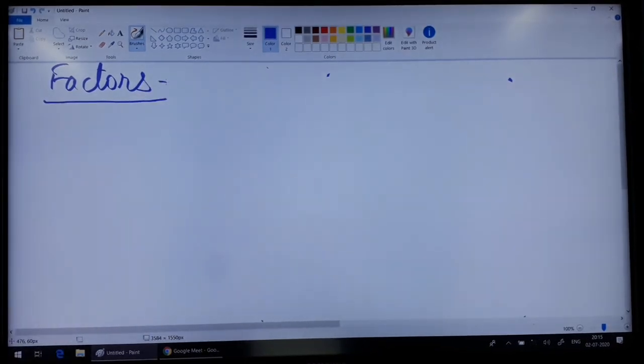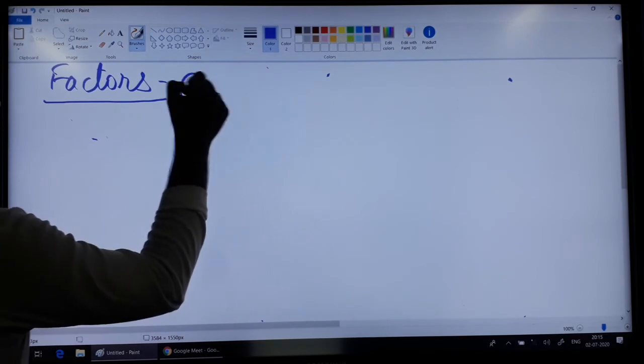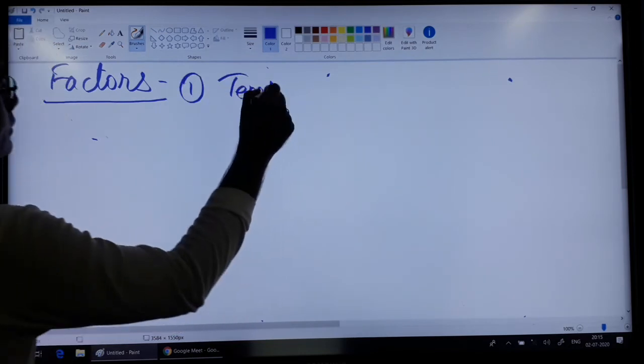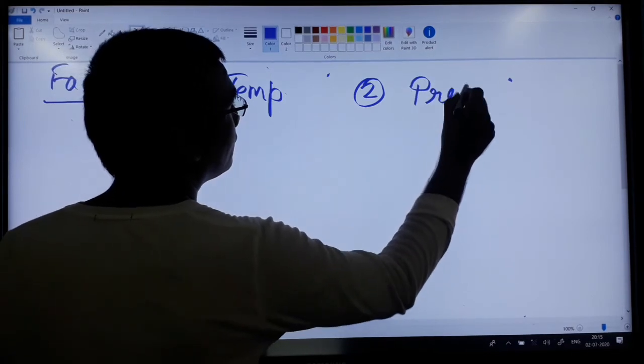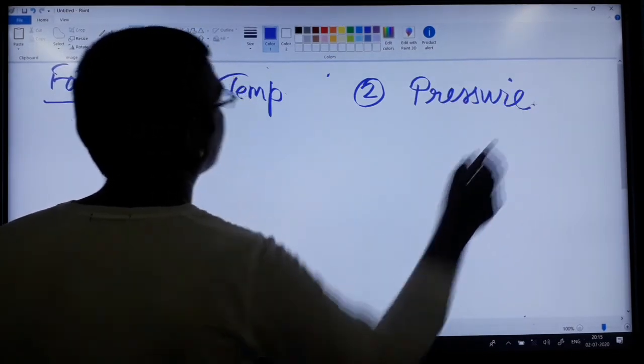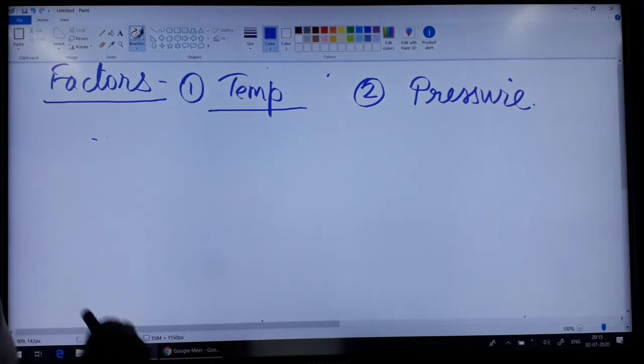There are only two factors. First one is temperature. Second one is pressure. Okay. Now what happens when we increase the temperature?